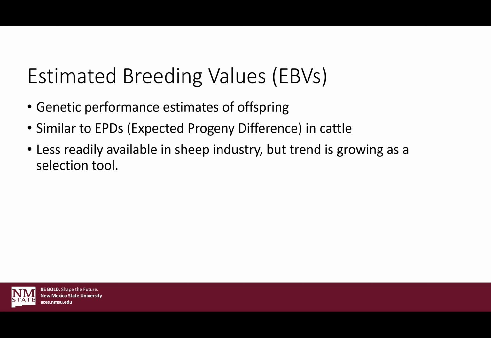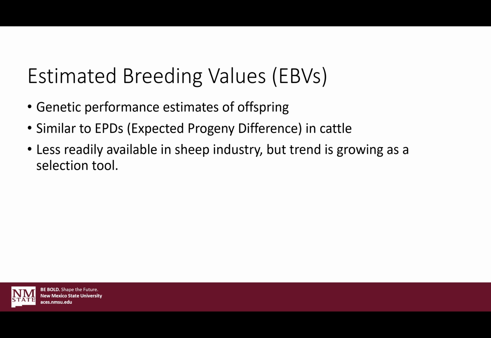So if you are also raising cattle, you might be familiar with EPDs when you buy bulls. It's basically the same concept, okay? So it is an idea that a specific trait of a ram will give you an idea of what he exactly is going to contribute to your program on a specific trait.